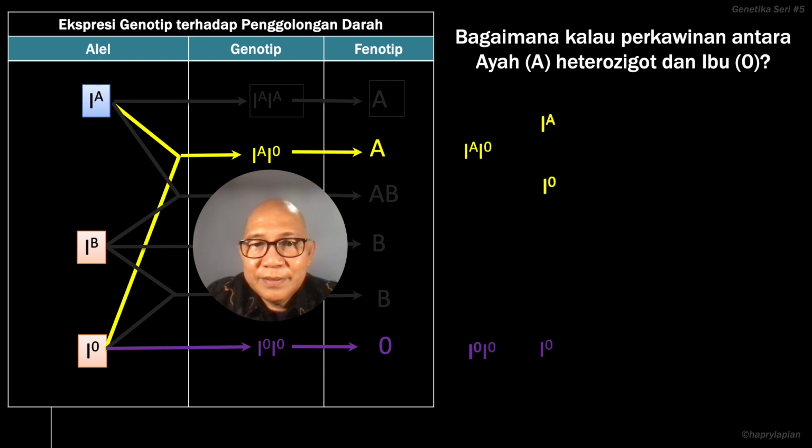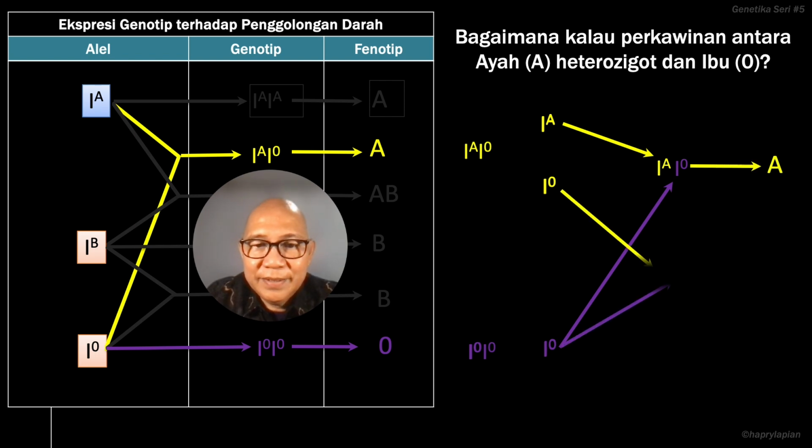All children will have blood type A because A is dominant over O, so it's impossible for blood type O to be expressed.